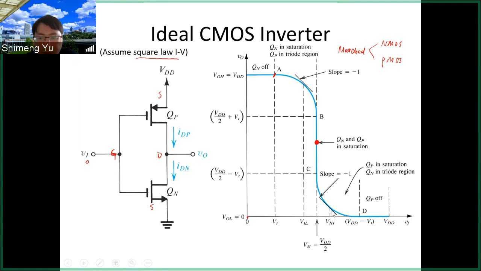So as we further increase the input voltage, the NMOS Qn will be in triode and the PMOS will be in saturation. And eventually, when Vi is large enough, the PMOS will be off. So this is the whole switching curve, if we want to analyze the operation regimes in this VTC according to those segments.